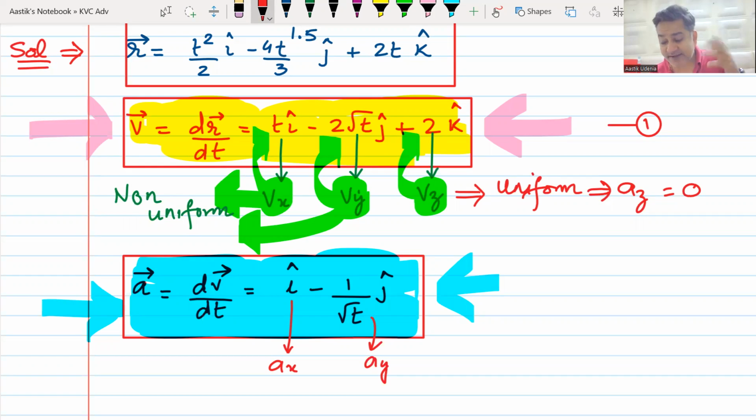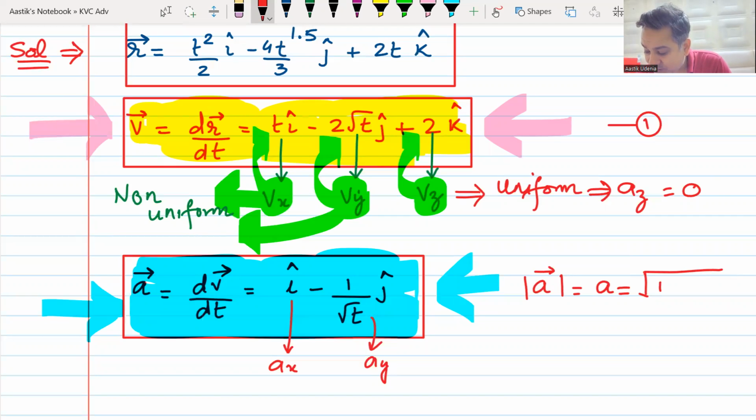Now, this is the acceleration in vector form. You can also find the magnitude of this acceleration. The magnitude of this acceleration, I can simply write it as A. How will I find the magnitude of this acceleration? It will be x component squared plus y component squared.